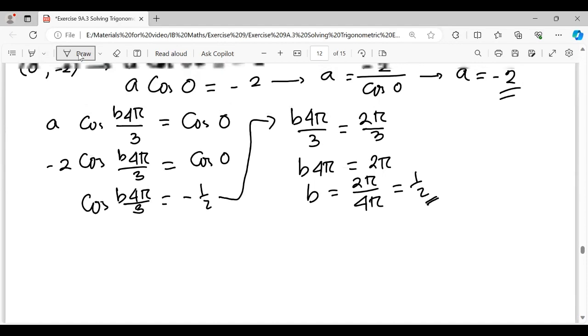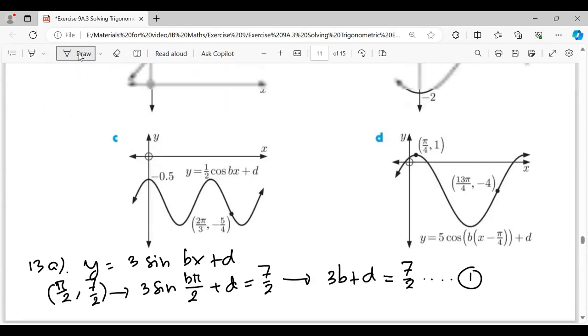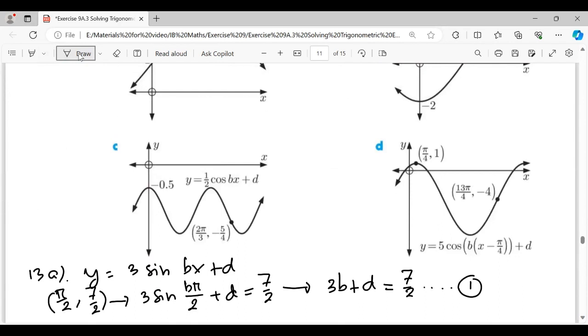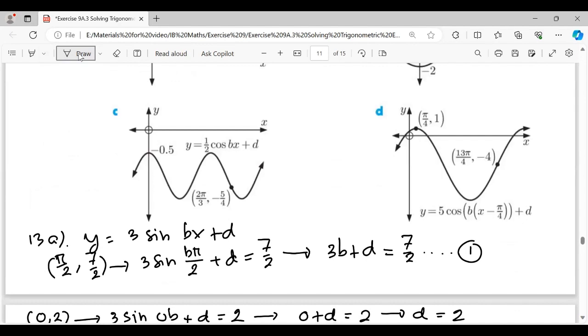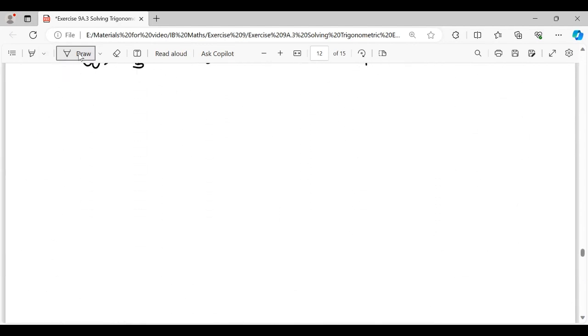C, this one, half cosine bx plus d. Half cosine bx plus d equals y, or y equals half cosine bx plus d.